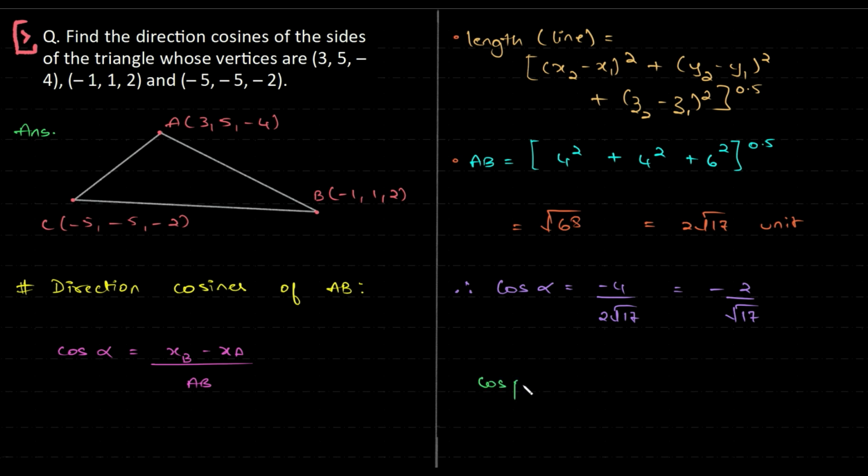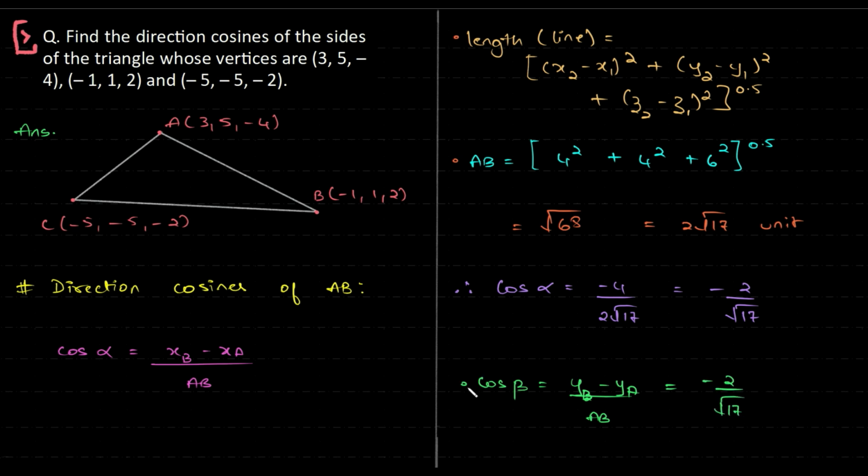Then cos beta is (y2 - y1) divided by the length, in this case AB: 1 - 5 is -4, by the same thing.